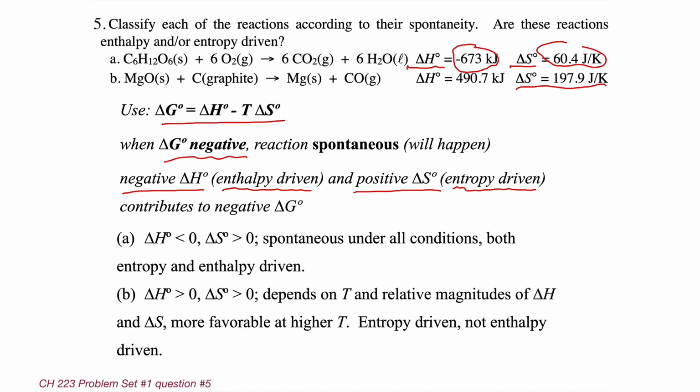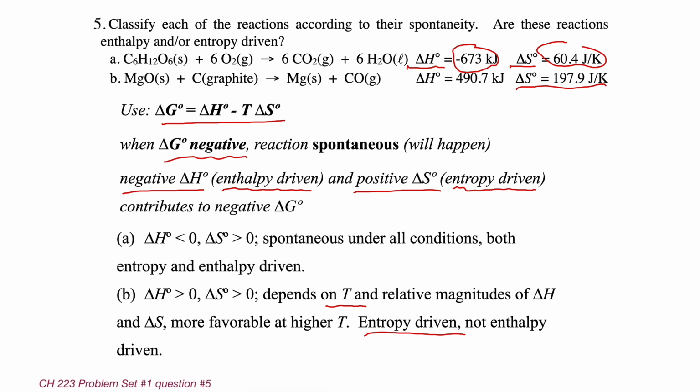So this reaction is considered to be entropy driven because delta S is positive, but it's not enthalpy driven. Enthalpy is not contributing to the spontaneity. This is a case where the thermodynamic quantities delta H and delta S fight, if you will, to see which one's going to be spontaneous. And the temperature of the reaction is going to determine if the reaction is spontaneous or not. We'll talk about that later.